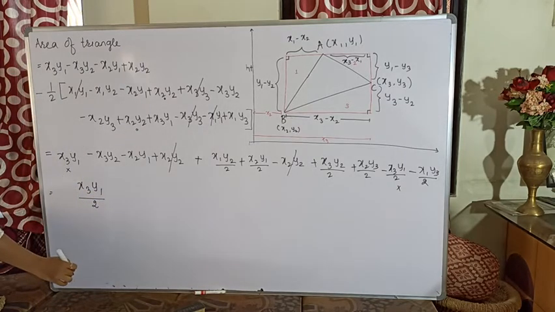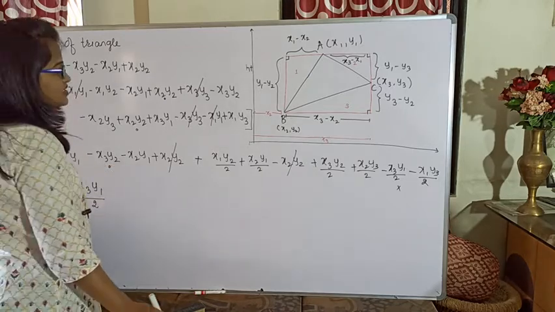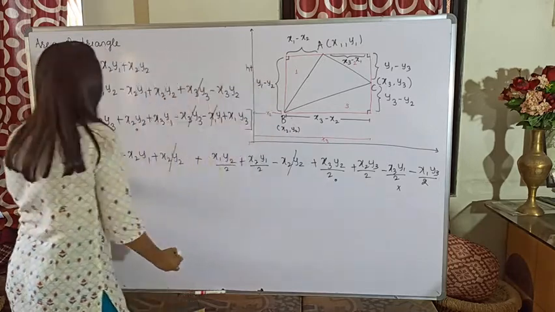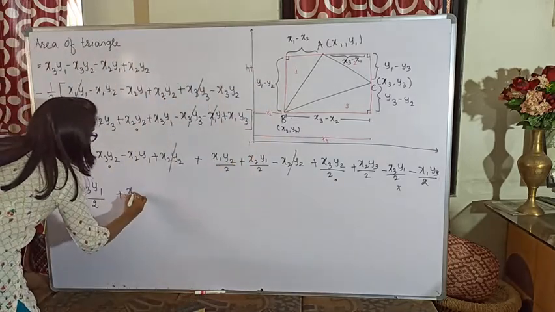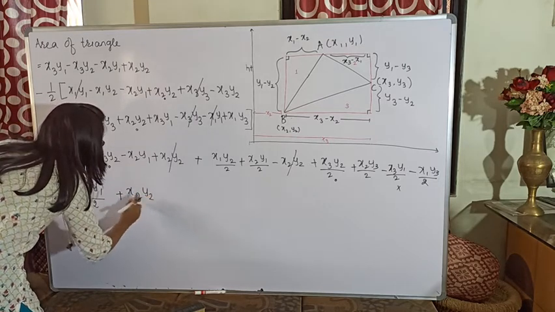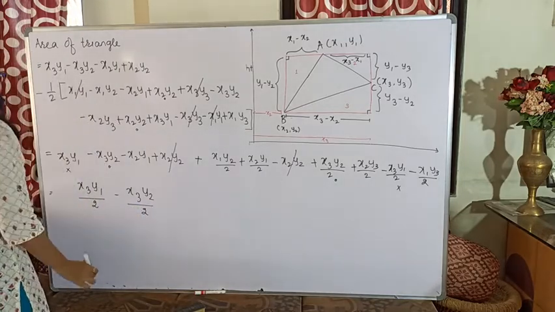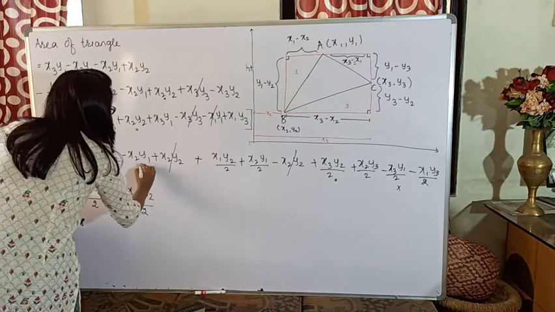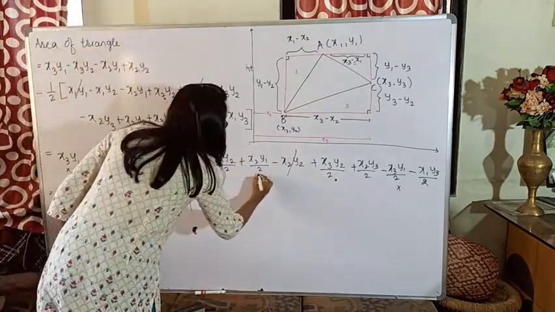Similarly, my next term x3 y2, it is also having its like term x3 y2. Again here it is minus and there it is plus, so it will be minus x3 y2, sorry, here it is minus, na, divided by 2. Next term x2 y1, so x2 y1 and also x2 y1.